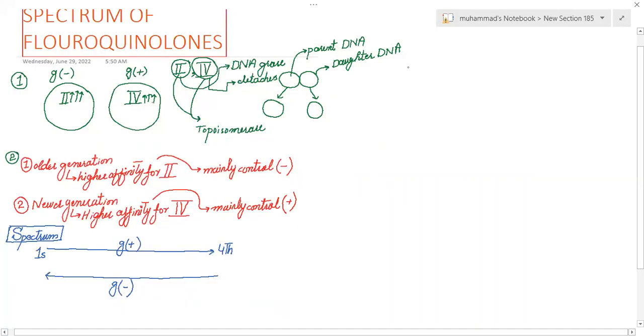Let's talk about the gram-negative bacteria. The first bacteria is H. influenzae.